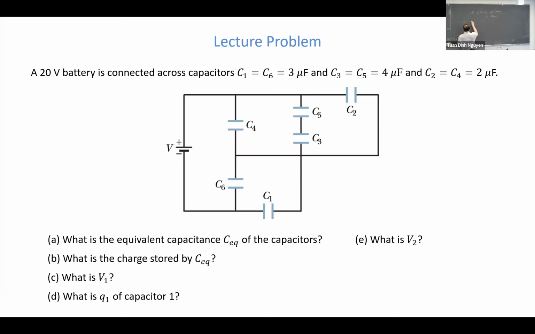So C2 is parallel to C3, 4, 5. So V2 equals 10 volts.